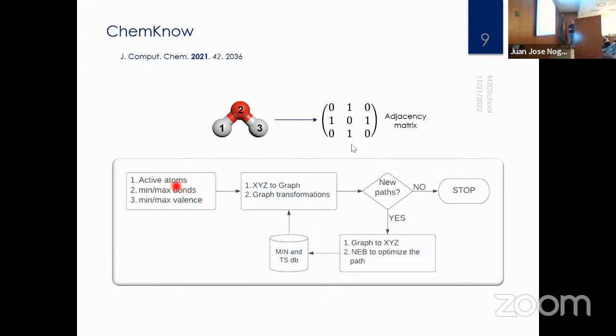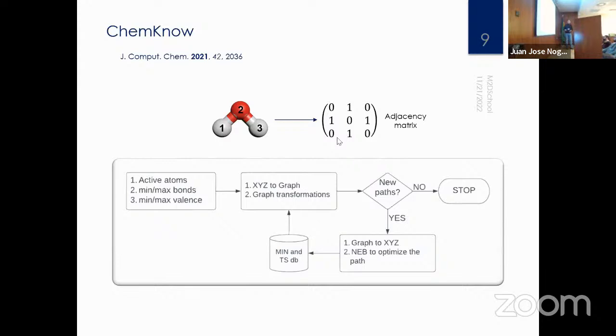So first, oftentimes when the system is big, homogeneous catalysis, for instance, you have the catalyst, but not all the atoms of the catalyst are going to be active. Not all the atoms in the catalyst are going to intervene in the reaction. So you can select a number of active atoms in the system, which typically is much fewer than the total number of atoms.